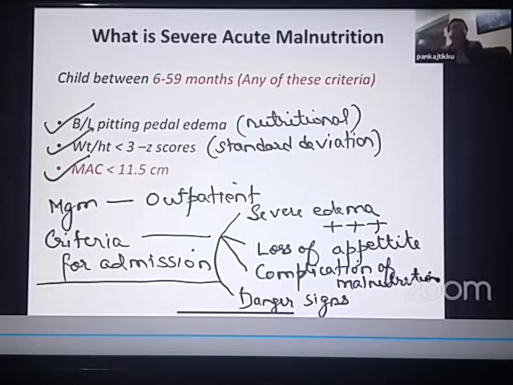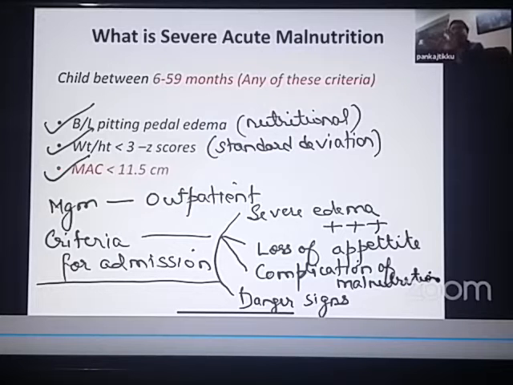So there is an IMNCI protocol, and you do not need to go into the details of that protocol, but that protocol is basically a protocol for the management of diseases in neonates and in children, in the community basis and in the hospital basis. So what is that protocol called? It is known as the IMNCI protocol.